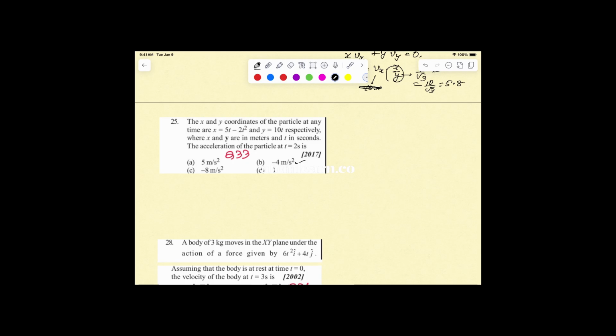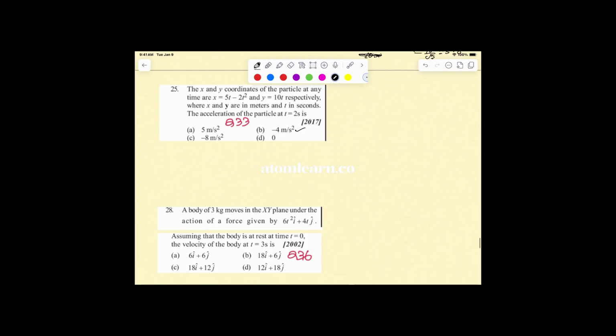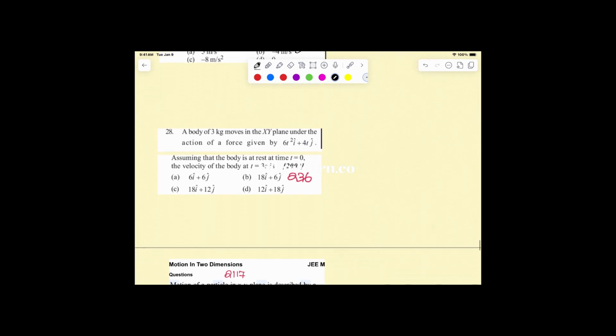As you can see in this case, the displacement x is quadratic in t, therefore the acceleration is constant along x, and the displacement y is a linear function of time, therefore it should be a constant velocity and zero acceleration. Right. The next one you can go through.